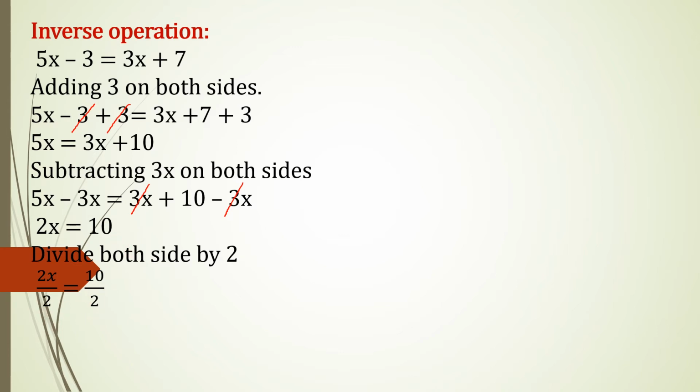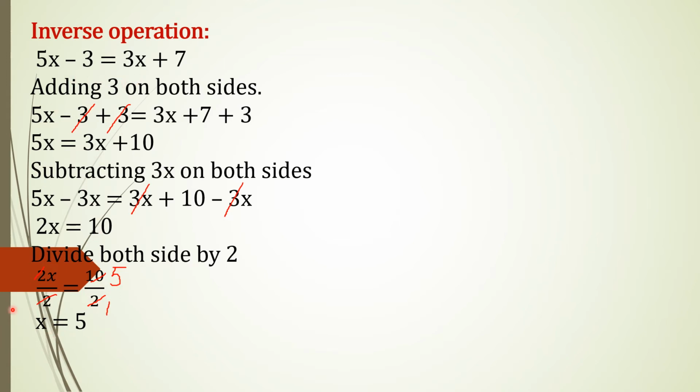This 2 and this 2 will cancel, and we can simplify: 2 ones are 2, 2 fives are 10. So you will get the value of x equal to 5. You got the value of the variable x equal to 5. This is the solution for this equation.